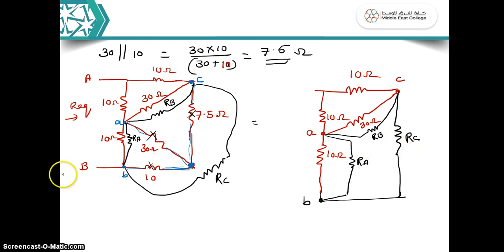Calculating RA, RB and RC. Now, when you want to calculate RA, you know that it's these three resistors. I'll mark it as X. X is the multiplication of R1, R2: 30 multiplied by 10, plus 10 multiplied by 7.5, plus 7.5 multiplied by 30.